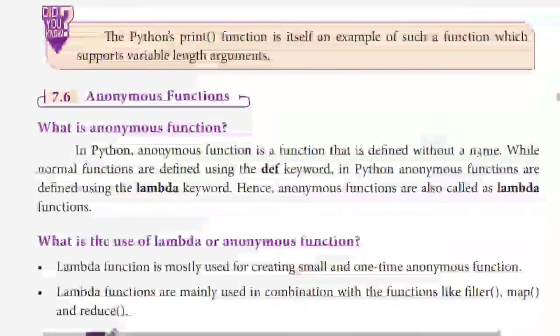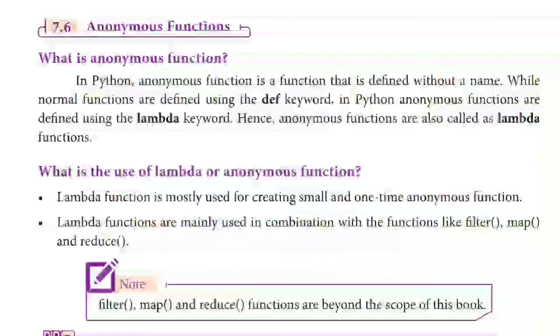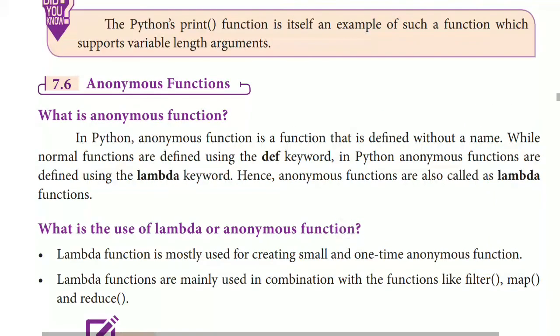So next is the anonymous function. This anonymous function does not have any name. In Python, an anonymous function is a function that is defined without a name. While normal functions are defined using the def keyword, Python anonymous functions are defined using the lambda keyword.